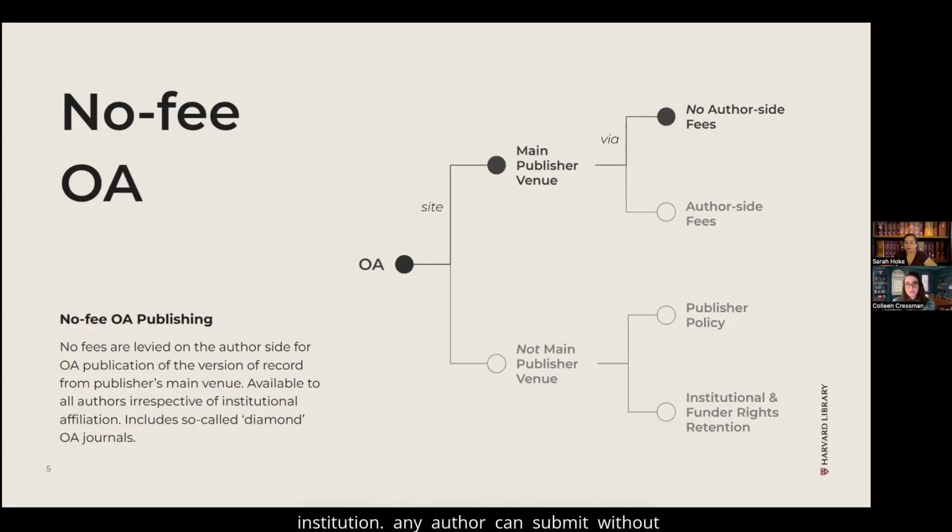Any author can submit without having to worry about corresponding author status or whether their institution has an agreement in place. This genus of publishing includes no-fee Diamond OA journals as a species, where operational costs are often underwritten by individual libraries or consortia. If fee-based OA publishing is akin to paying retail prices, then underwriting no-fee OA is akin to wholesale. Next slide.